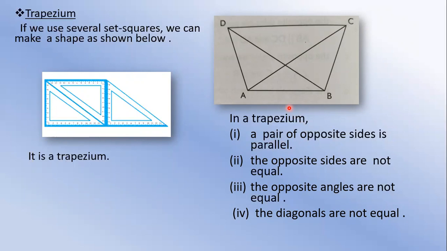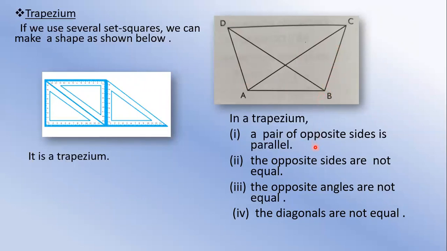But in a trapezium, only one pair of opposite sides is parallel. See here, AB and CD are parallel sides, and AD is not parallel to BC. Which are the parallel sides here? AB and CD. But AD is not parallel to BC.